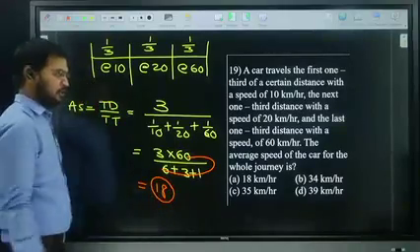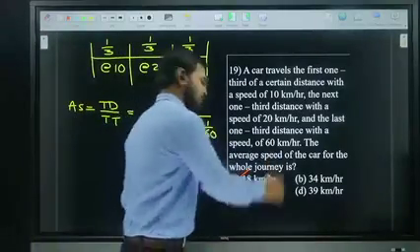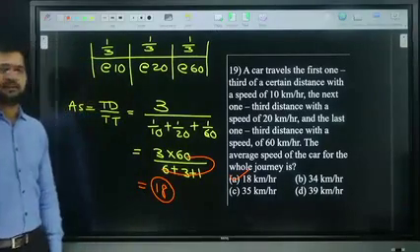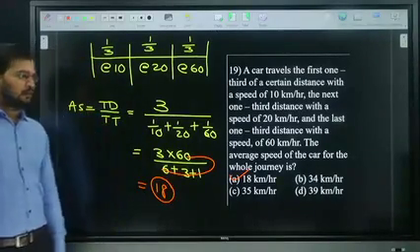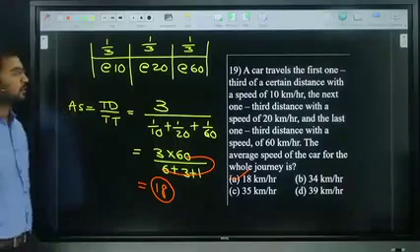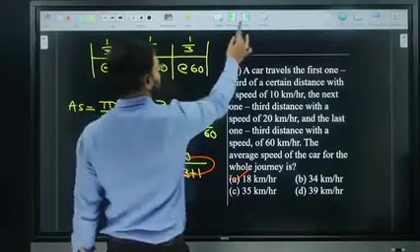Your answer is 18. Option A is the right answer. All of you clear? I already explained all these questions. Just for practice, I am giving some extra questions.